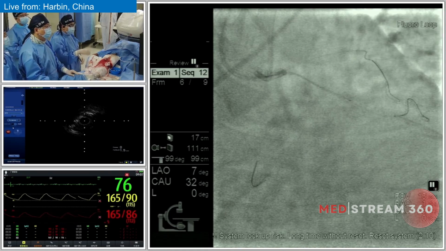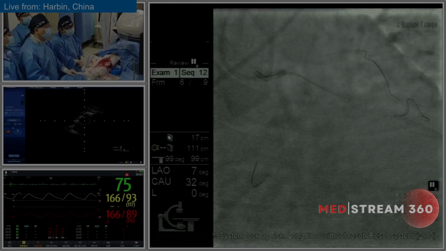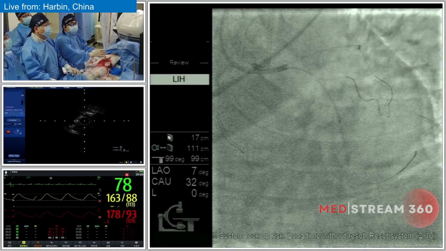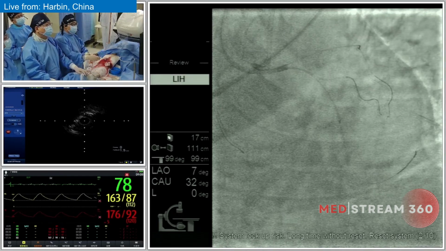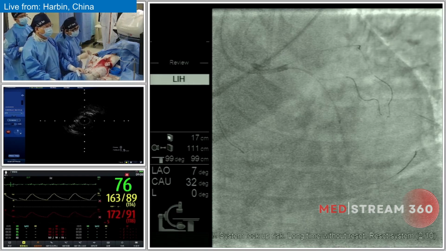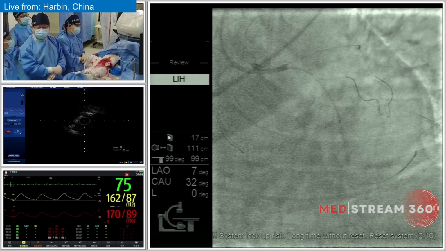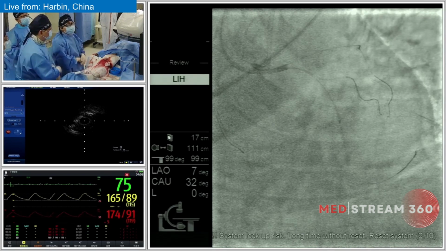Yes. But before that, we actually did the IVUS in the OM to see the proximal cap of the circumflex. Can we show the audience the IVUS? Okay. For this patient, intravascular imaging is also important to help us find the location of the proximal cap and to confirm the location.